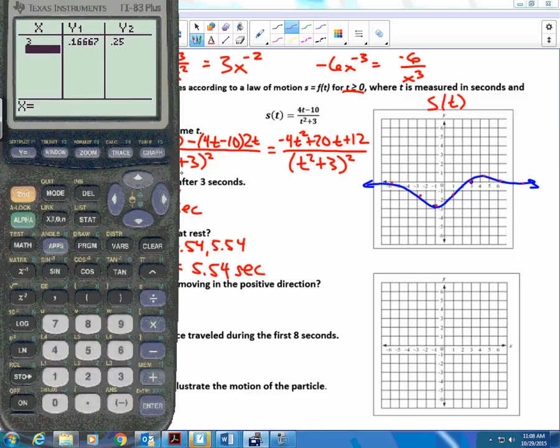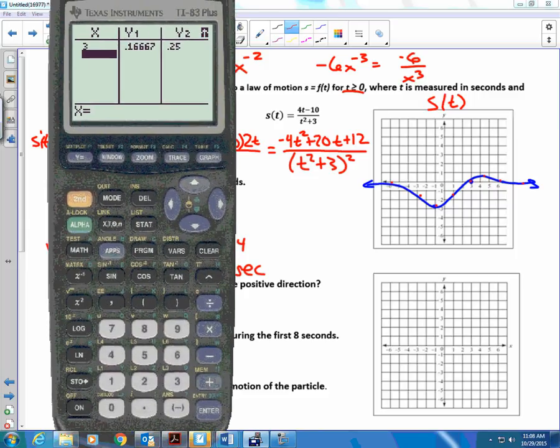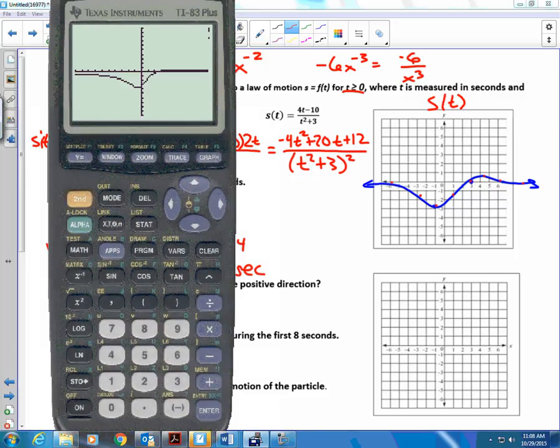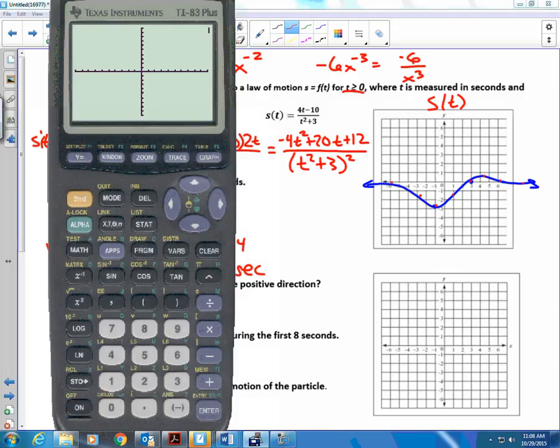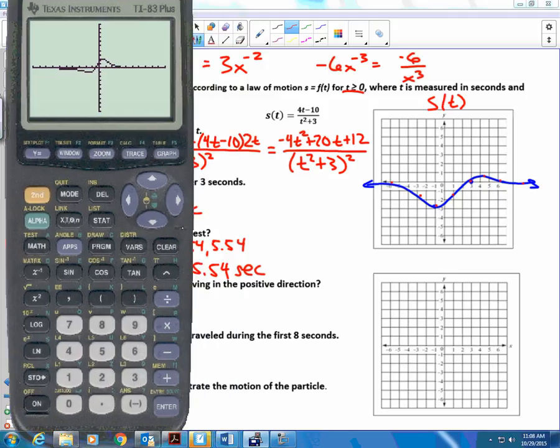All right, let's graph this derivative. Sketch my graph. And it's hard to see with the other one on there, so I'm going to graph it again, but I'm going to take the first function off by pressing enter. I go back to graph, and I get that shape. Now, we said that it's equal to 0 at 5.54.